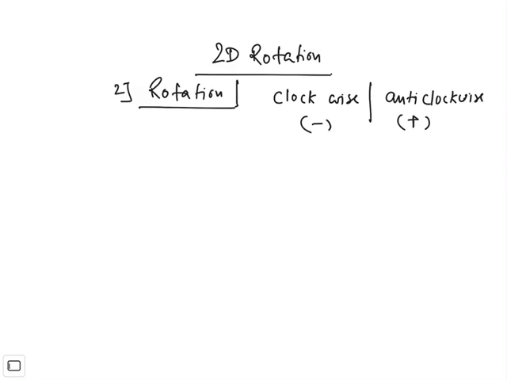So we have performed rotation about the origin. Now we want to rotate the triangle about some arbitrary axis. So suppose this is my triangle. Here the fulcrum is at this point, or the rotation axis is P, suppose.